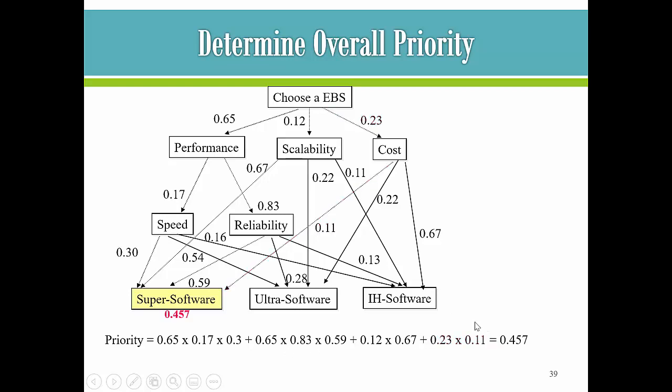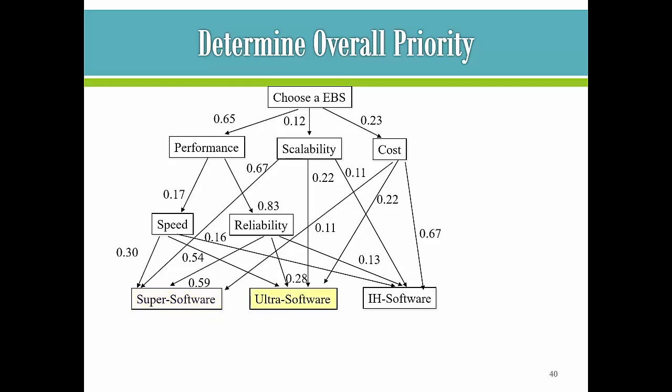And eventually, we will obtain the relative priority of 0.457. We just go through this mechanism for each software, like the ultra software, to obtain all of the numbers.